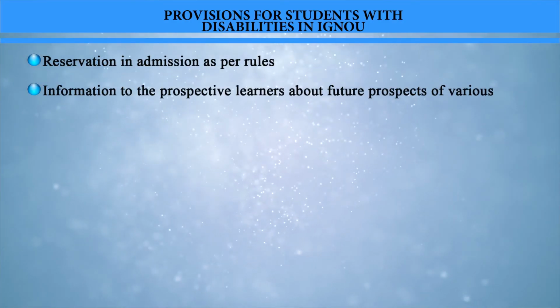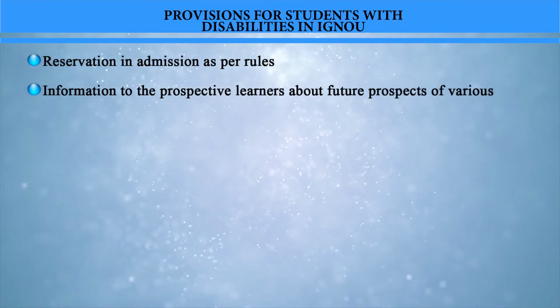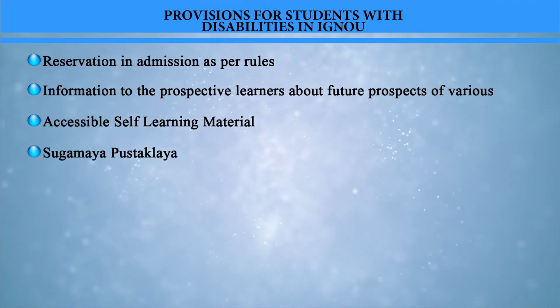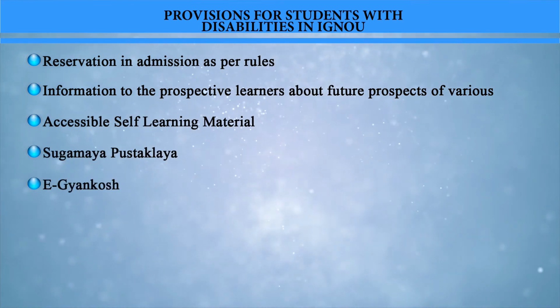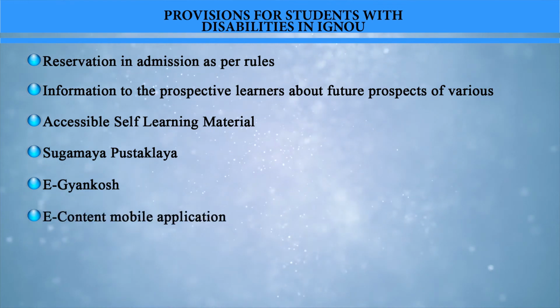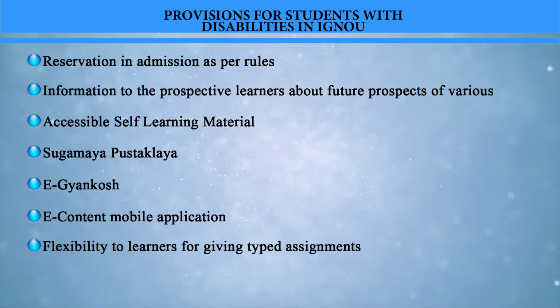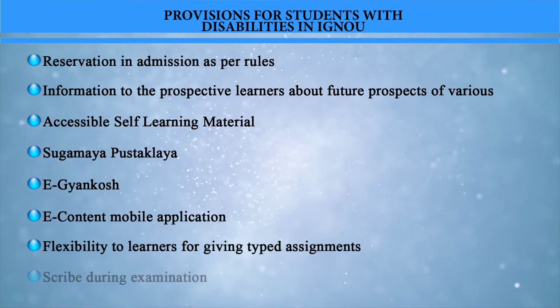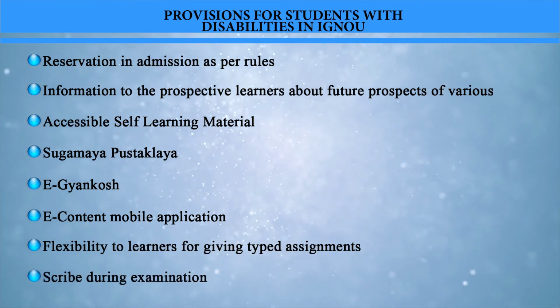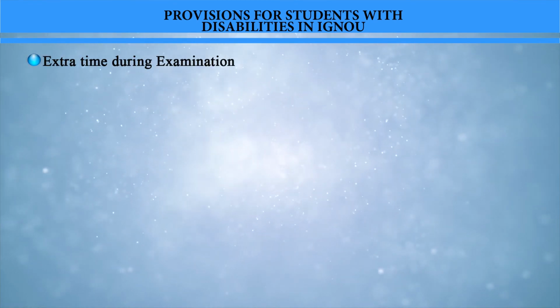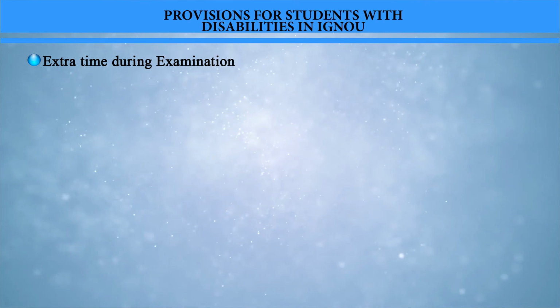Reservation in admission as per rules, and accessible self-learning material is provided. Sugamya Pustakalaya is there, e-Gyan Kosh is there, an e-content mobile application is there, and flexibility is given to learners for submitting typed assignments. Then they are provided a scribe during examination, and extra time is given to them during examination.